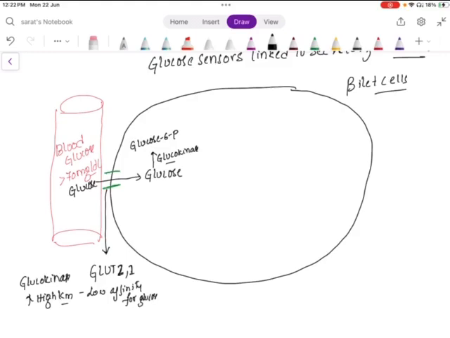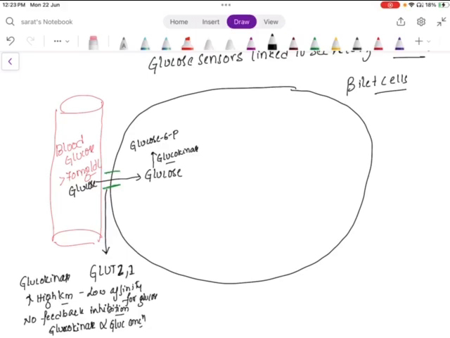Because of low affinity, there is no feedback inhibition, and glucokinase activity is directly proportional to glucose concentration.